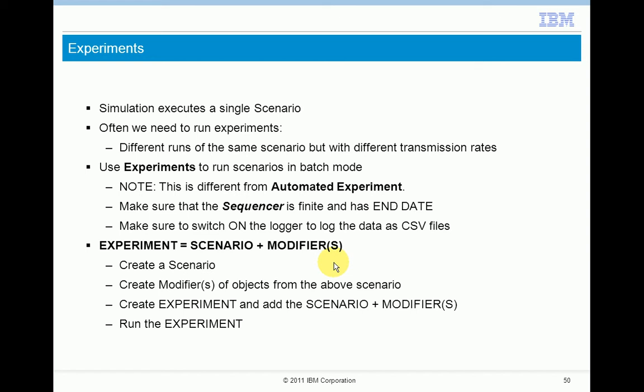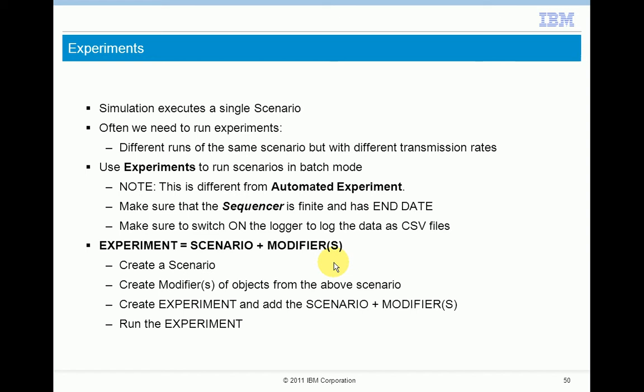Let me quickly say that this particular experiment is different from the automatic experiment. Simulation usually executes a single scenario, but sometimes we need to run experiments, so different runs of the same scenario but with different transmission rates. In order to do this, we use experiments to run scenarios in a batch mode.